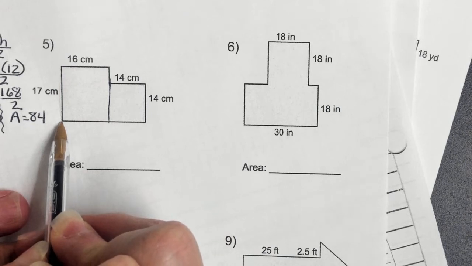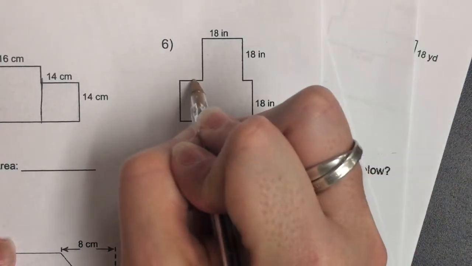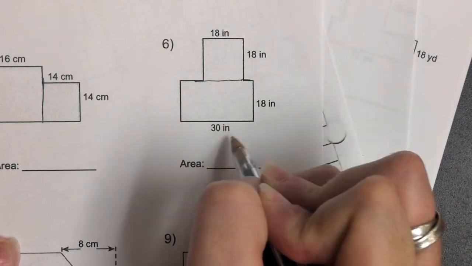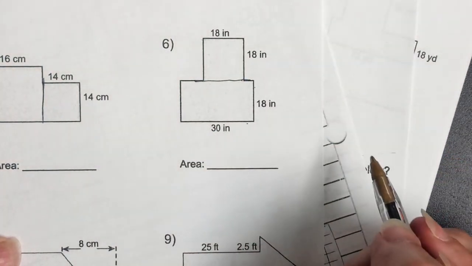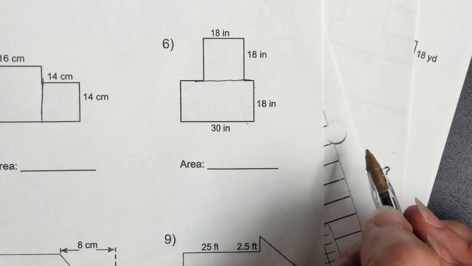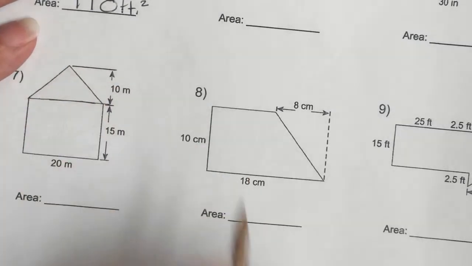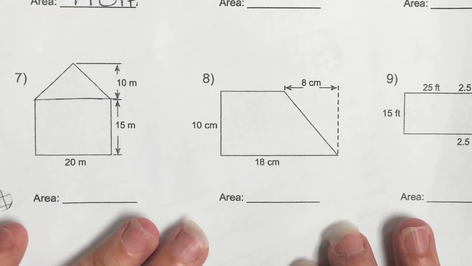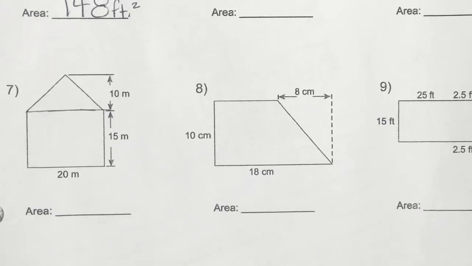Number 6, I would slice this way, giving me an 18 by 18 and a 30 by 18. Okay, 7, I would do like the one we did on the top. But number 8, they've actually tricked you here.